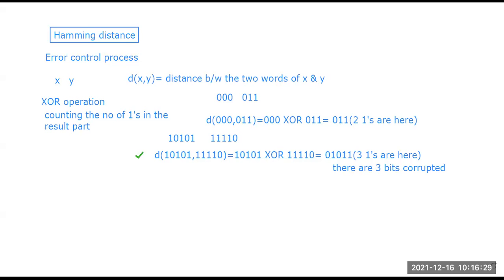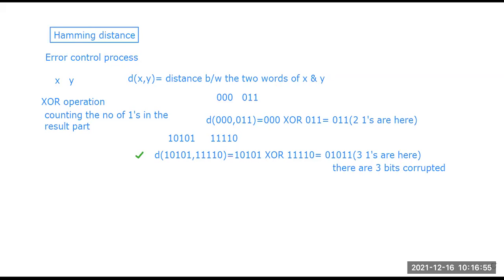After XORing the two code words, we find a result, a new code word with a new value that gives the minimum Hamming distance. Again, we count the number of ones with respect to non-zero or zero. There is a combination of zero and non-zero valid code words, and we are finding out the result.